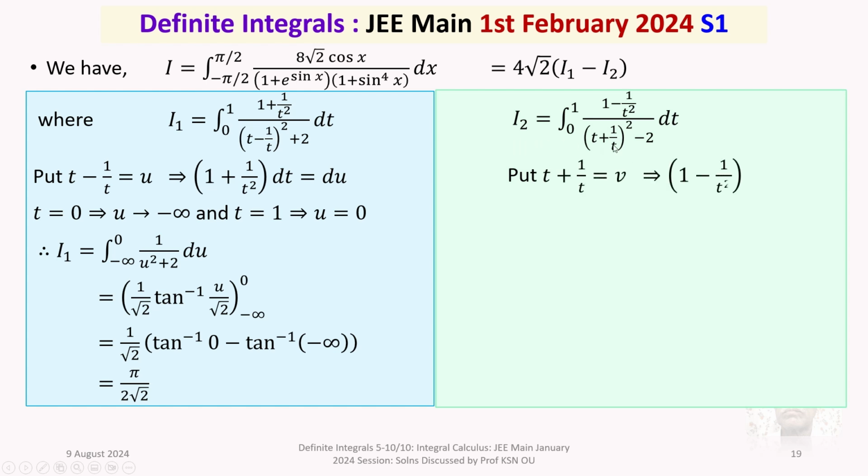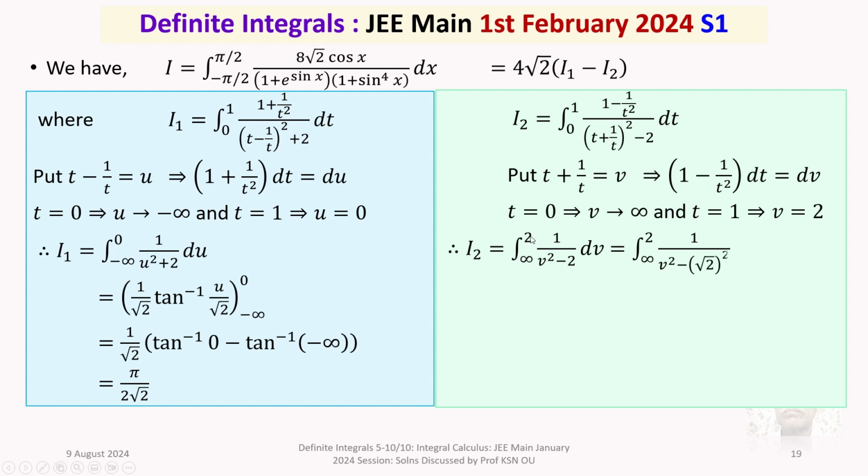We go to I2. Similarly, we substitute t plus 1 by t as v, and after differentiation we get 1 minus 1 by t square in brackets dt is equal to dv, and the limits will vary from infinity to 2. I2 is integral infinity to 2 of 1 by v square minus 2 dv.